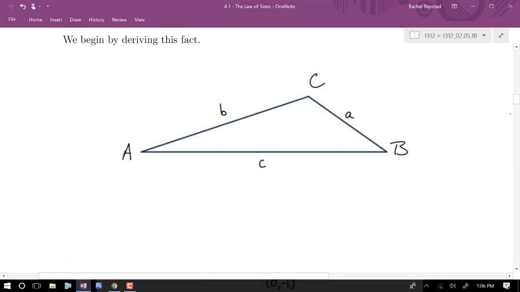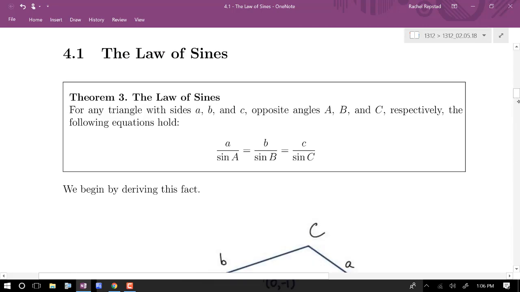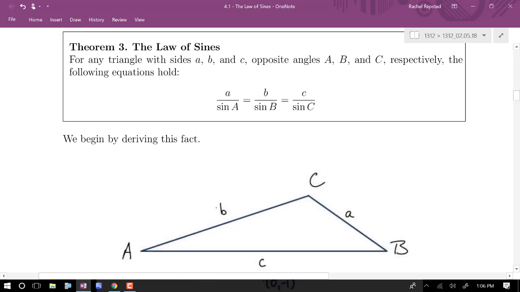So the law of sines tells us that in any triangle at all, if you take side a and divide by sine of A, its opposite angle, and we adhere to that convention, by the way, that we use the lowercase letter as a side opposite the uppercase letter angle, when we take that ratio of a side length divided by sine of its opposite angle, that ratio is always the same.